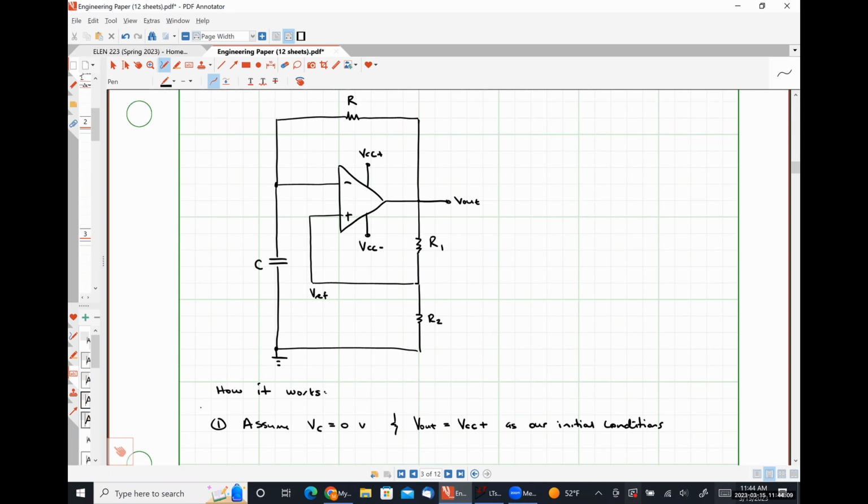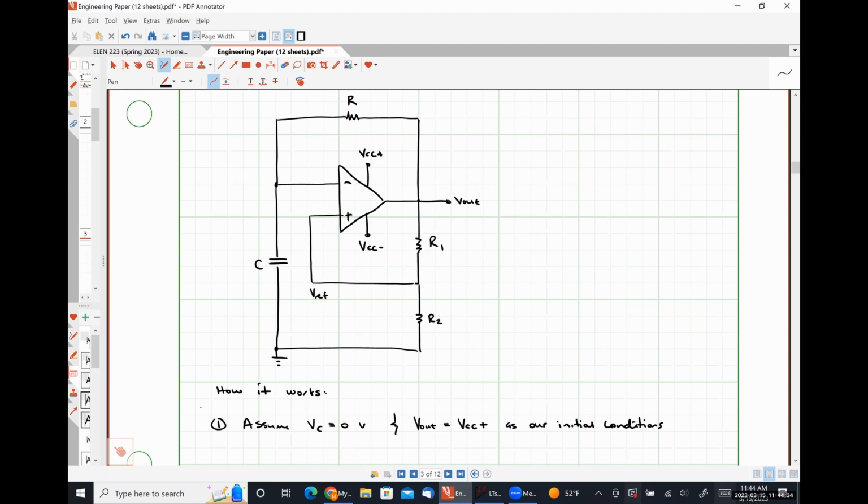If the voltage drop across our capacitor is 0 and our output voltage is high, we are starting out in a case where there is going to be some current flowing from this node through our resistor around this path.